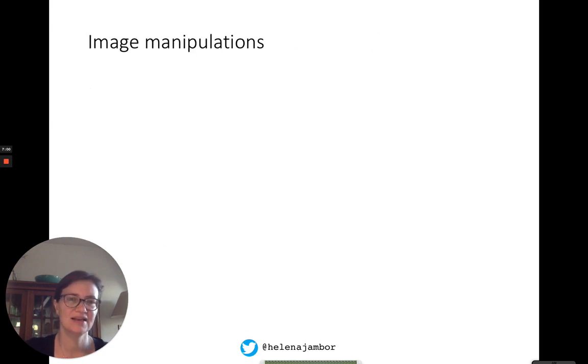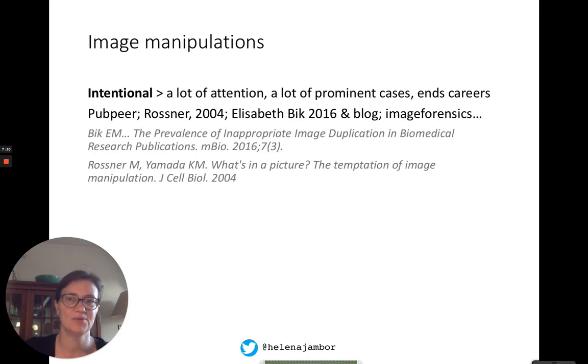So image manipulation has actually been in the news for around 15 years, since I'm aware of it. What we are mostly speaking about here is intentional image manipulation. That usually gets a lot of attention. There are many prominent cases, some of which are really ending careers. We've seen platforms such as PubPeer appearing with their milestone publications.